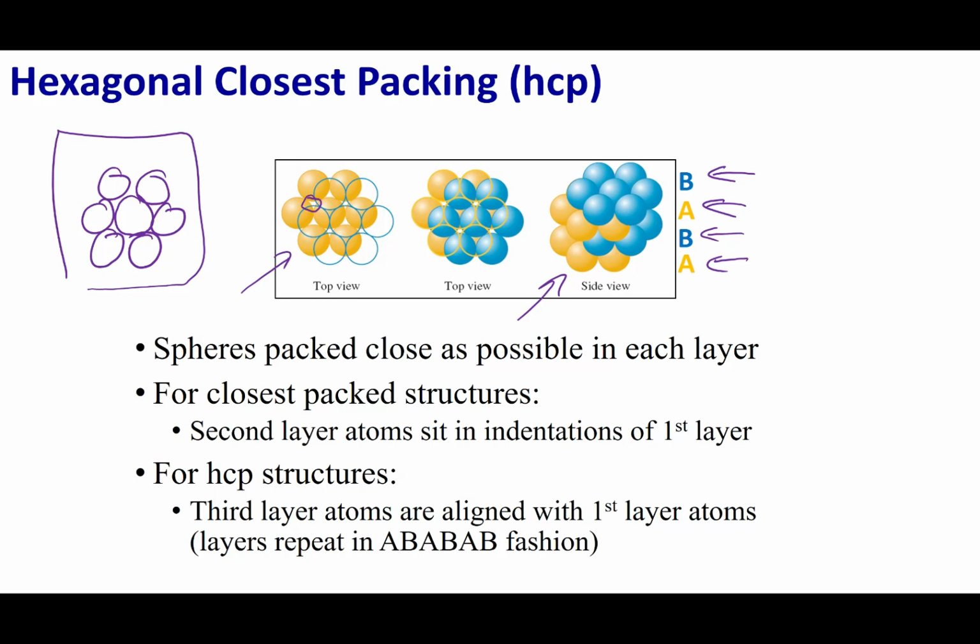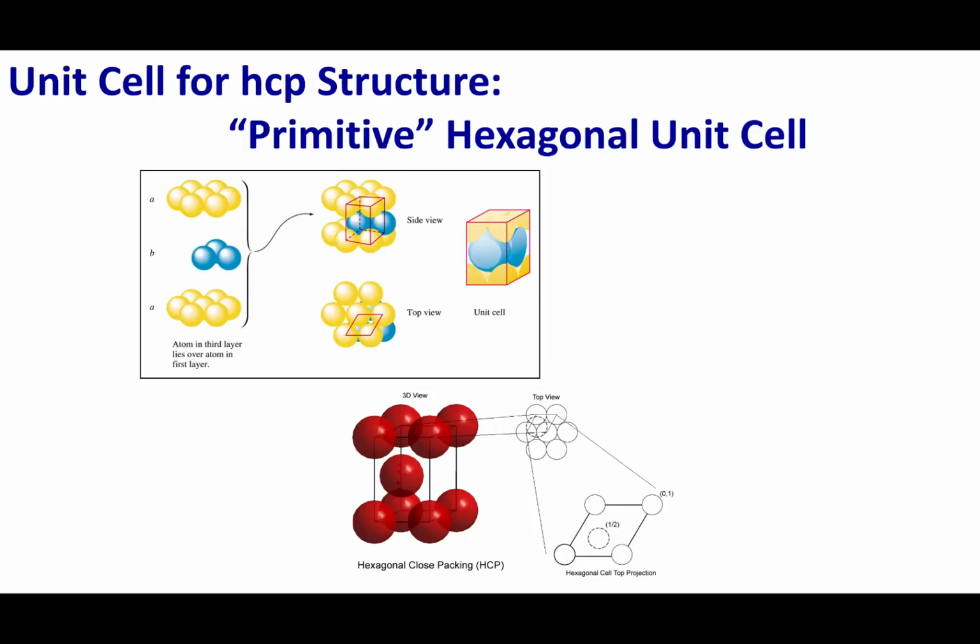That's 28 atoms describing this structure. Let's see if we can get a unit cell out of this. So what your book does is it packs the structure and pulls out a unit cell. Now this right here is called the primitive hexagonal unit cell. This will duplicate the rest of our structure.